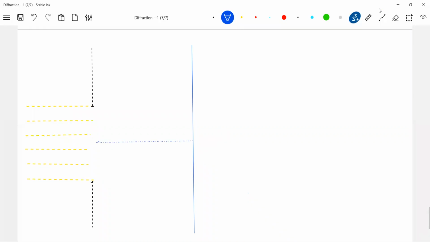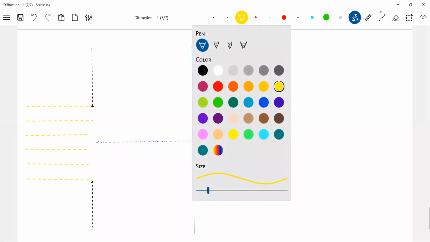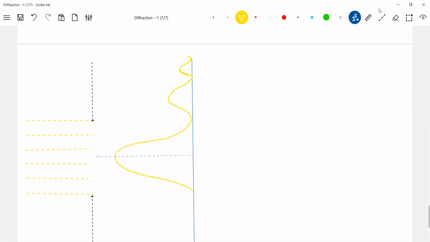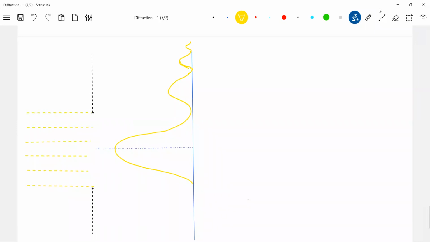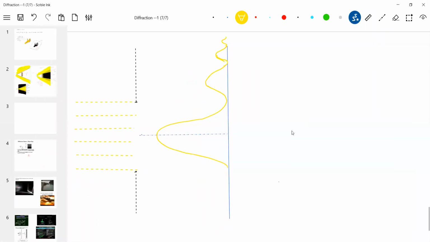There's a midpoint. Like this, we'll get several maxima and minima.